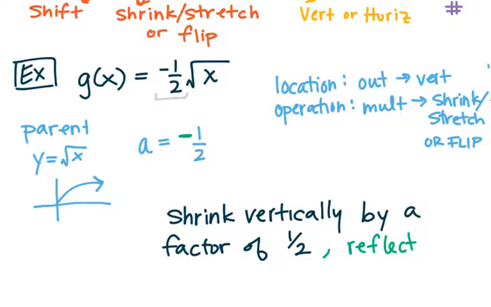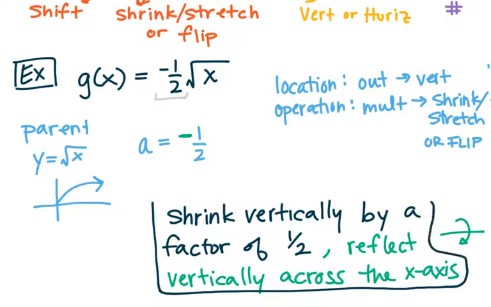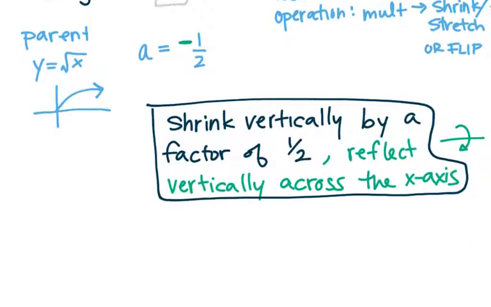So we're going to reflect vertically across the x-axis, right? Because a vertical reflection would go down across the x-axis. So you're going to shrink by a factor of 1/2 vertically, and then you're going to reflect down across the x-axis.